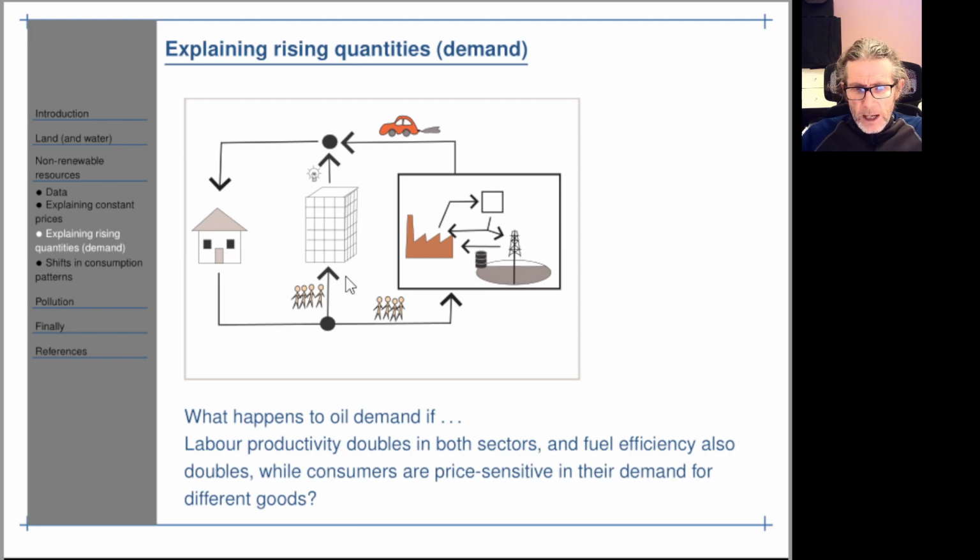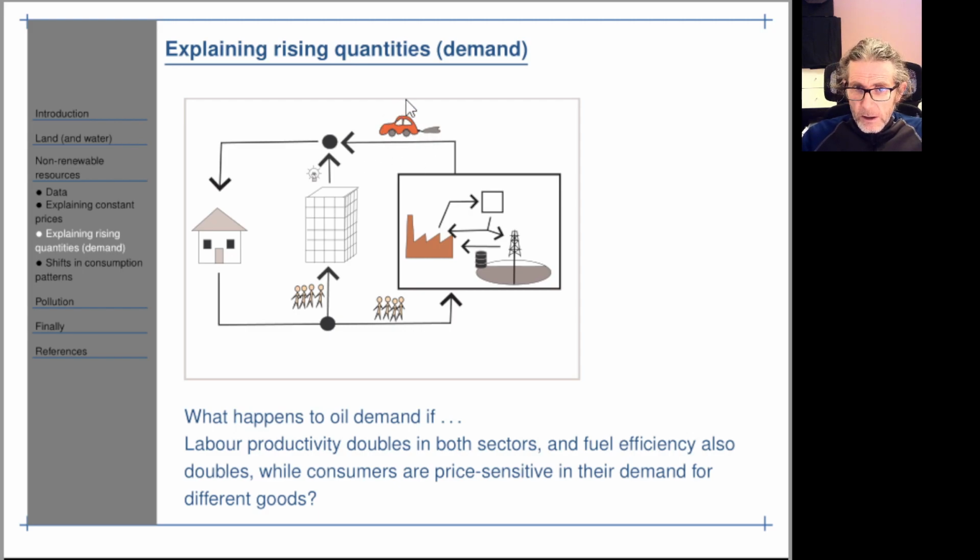What about if labor productivity doubles in both sectors, fuel efficiency also doubles, and the consumers are price sensitive in their demand for different goods? Well, if fuel efficiency doubles, then we need less fuel per car. That should make the cars cheaper.